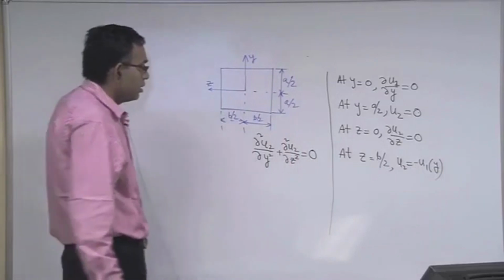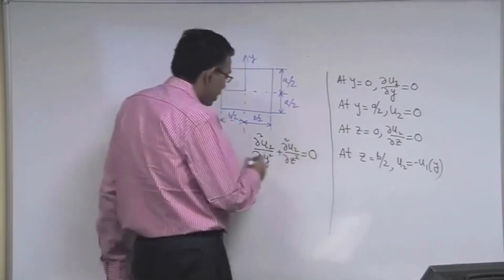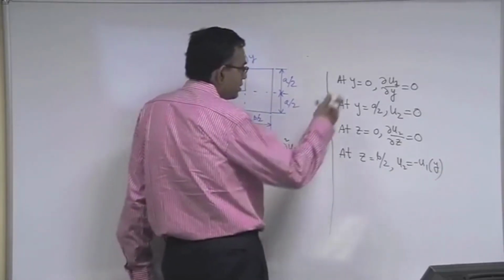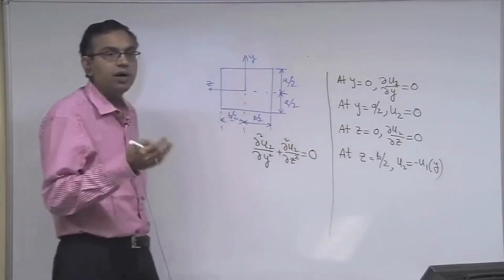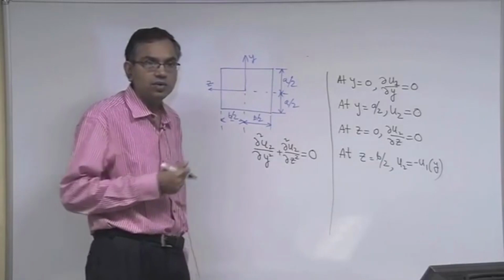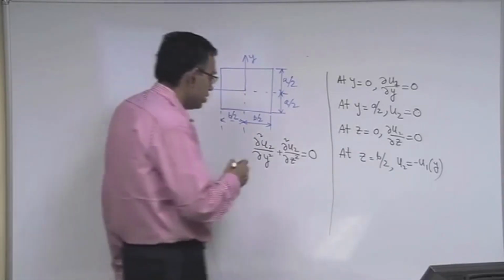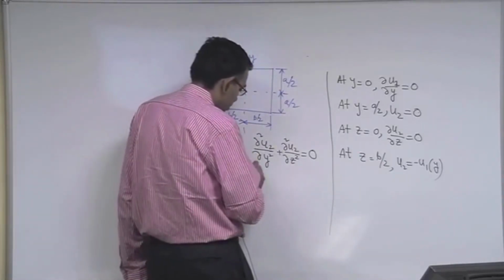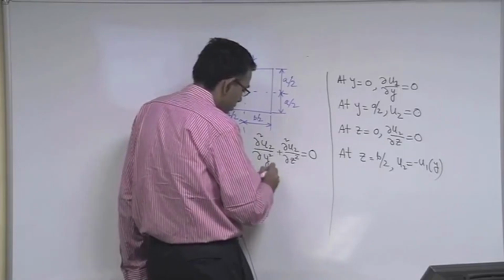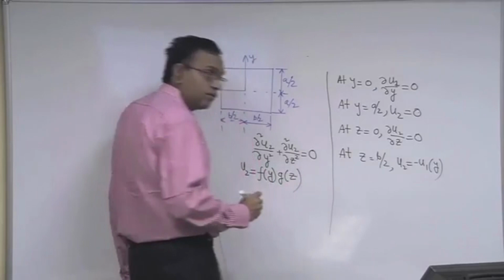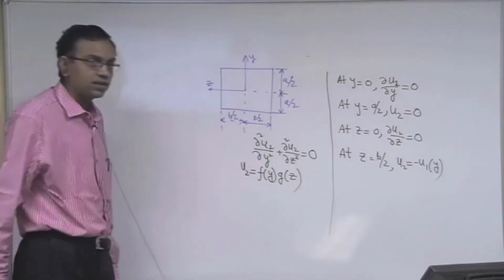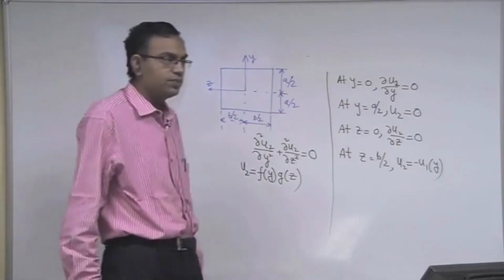Now this is a problem where the governing equation is homogeneous and 3 of the 4 boundary conditions are homogeneous. So we can go for the separation of variables. We seek a solution of the form u is equal to a function of y into a function of z.